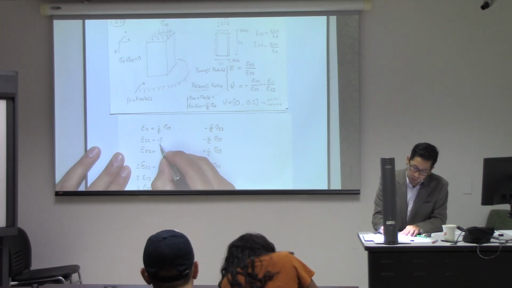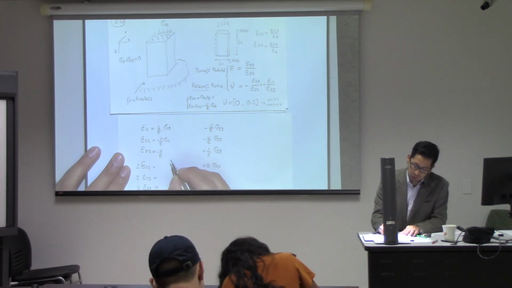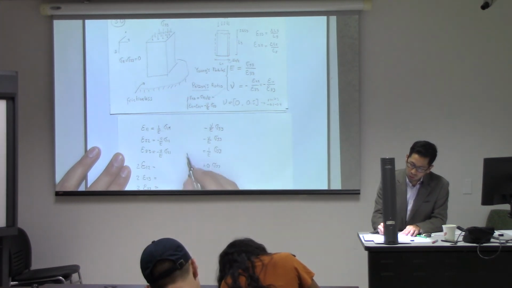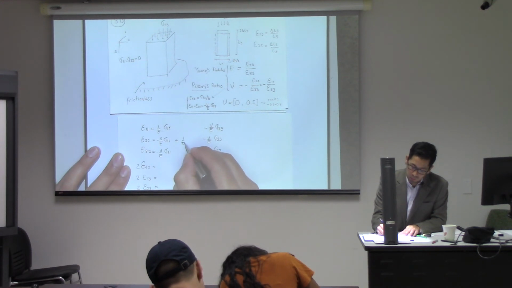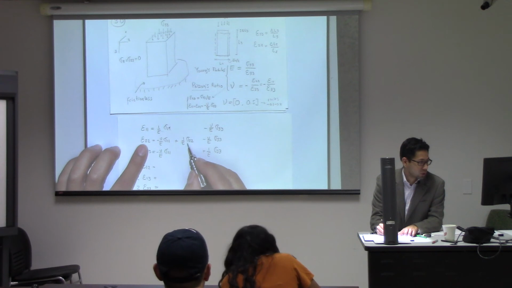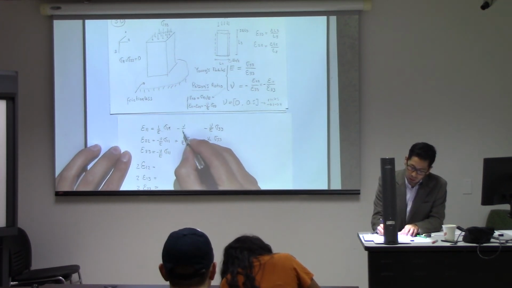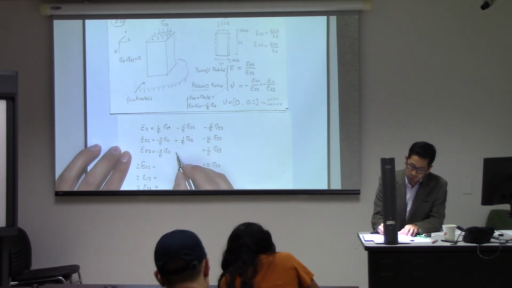I'm going to get here the expansion in the perpendicular direction for applying sigma 11. And if I were to apply a normal stress sigma 22, I'm going to get a strain in that same direction with the same sign, and strains in the other two directions.